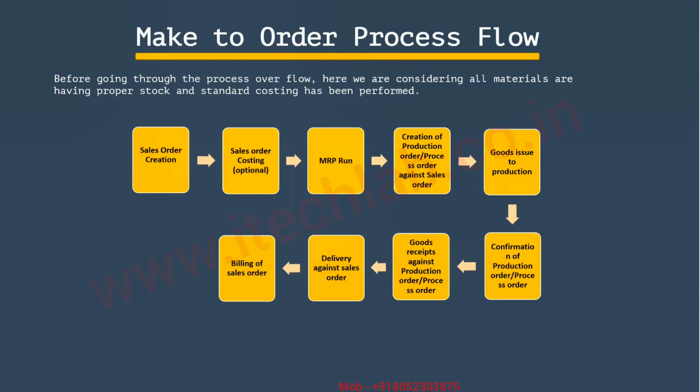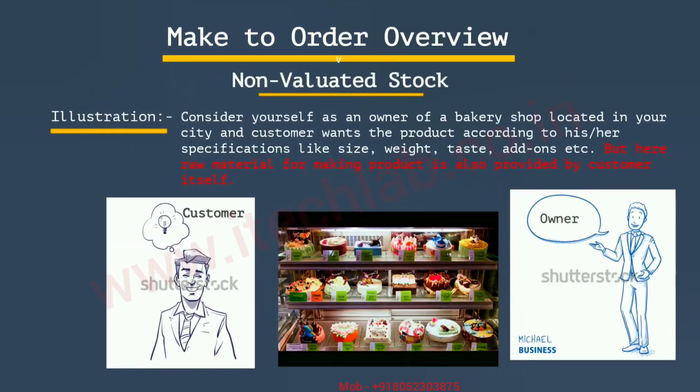Now coming to the next slide, make to order. This is non-valuated stock. For non-valuated stock, the flow is the same as valuated stock. Let's consider that you are the owner of a bakery shop located near your city, and your customer wants his product according to his or her specification, like size, weight, taste, add-ons, etc. But the catch is here, see the red line, the raw material for making the product is also provided by the customer himself.